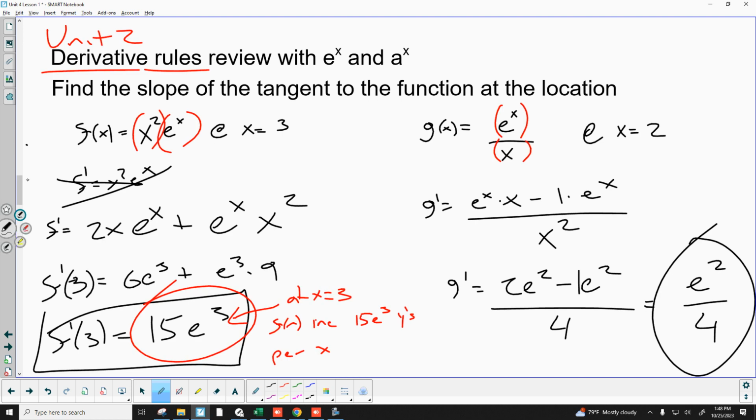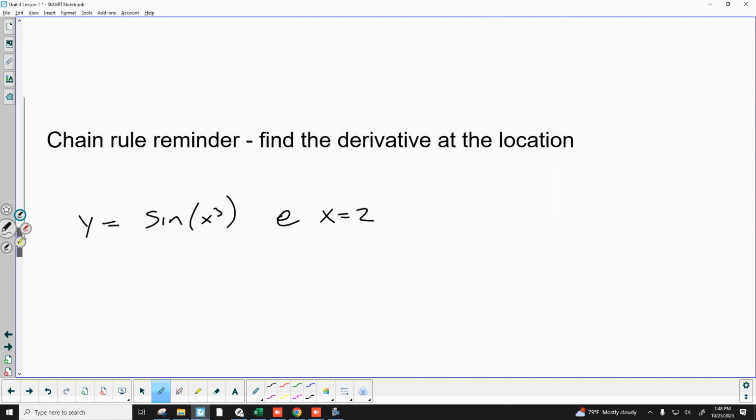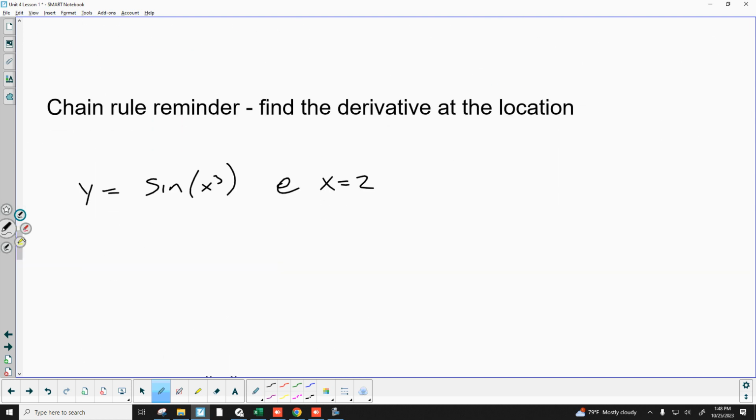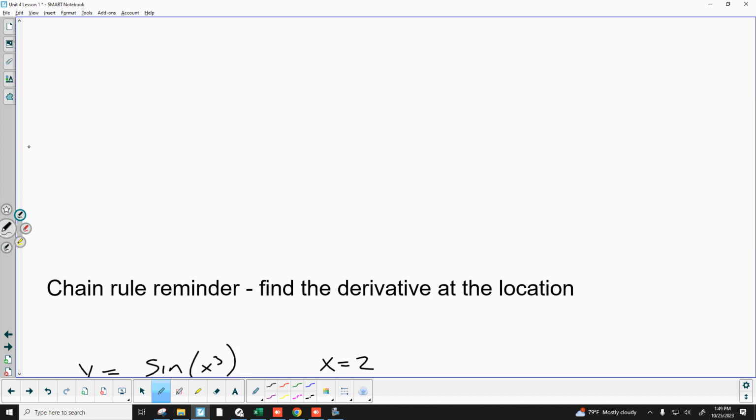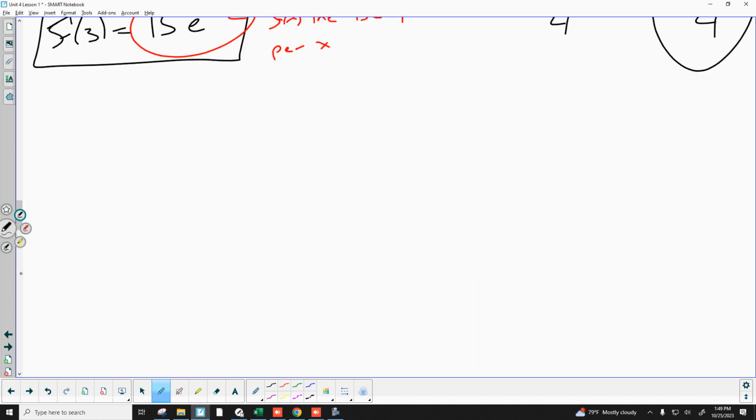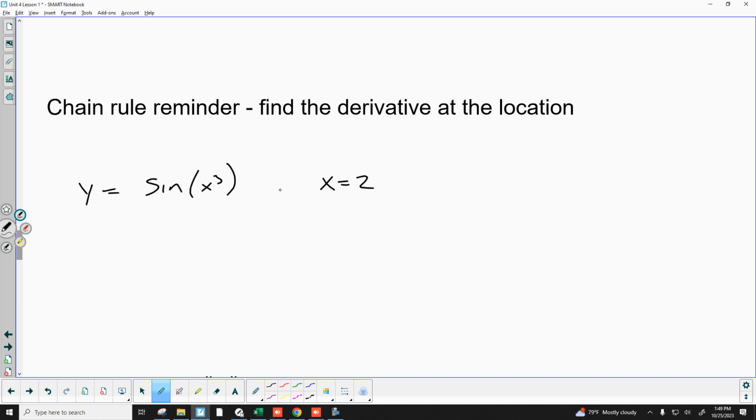You remember the chain rule. There's no e, that's an at symbol. This is just at. Do you remember the chain rule?